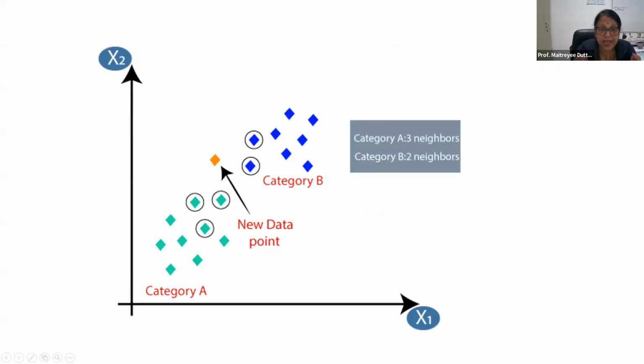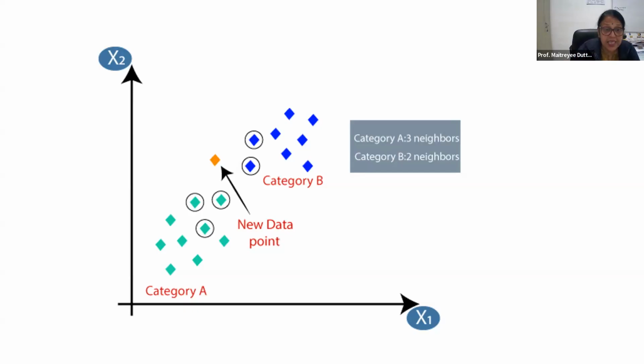After that, we will find what are the 5 nearest points, depending on the Euclidean distance.